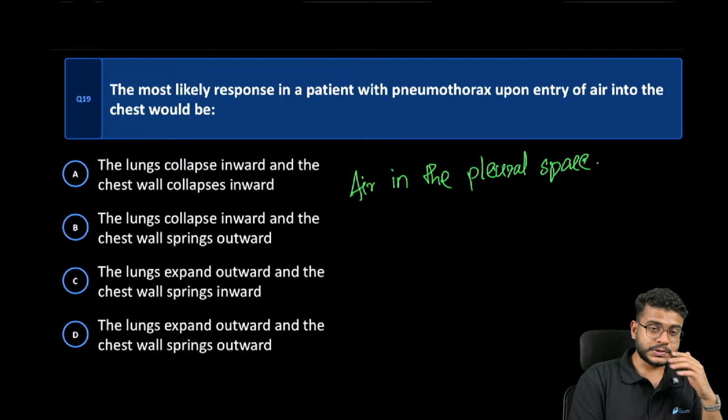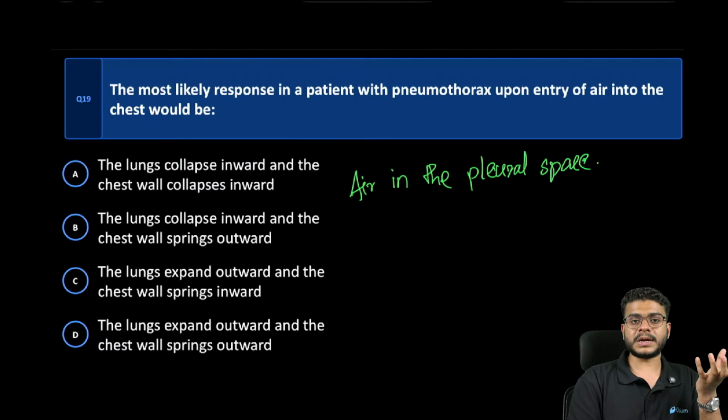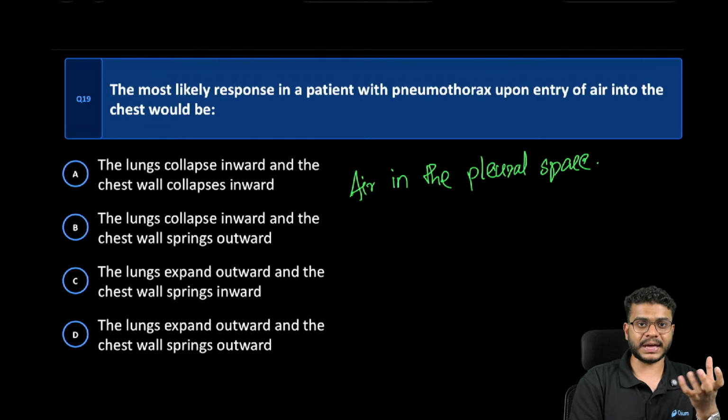Okay, so the intrapleural pressure will be lost, and the lung will have a tendency to collapse, and the thoracic cavity will have a tendency to expand, because the intrapleural pressure holds the lungs and the chest cavity together, right? So let's go through the options.